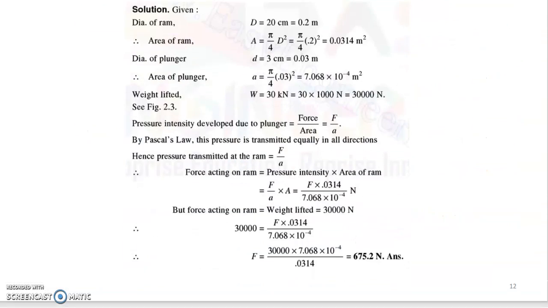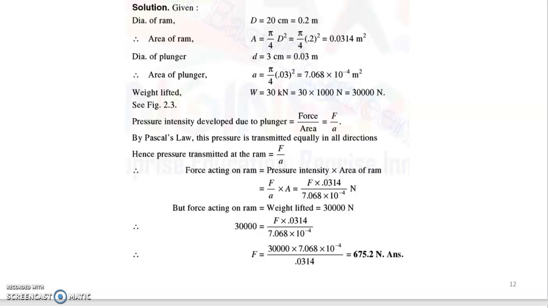First we calculate the area of the ram, using pi d squared over 4. And then we get that the area of the ram is higher than the area of the plunger. Substituting into the formula, we get the force at the plunger is 672.2 newton.